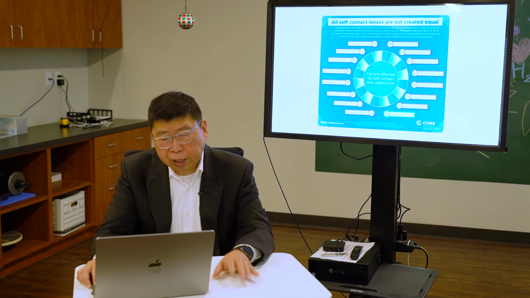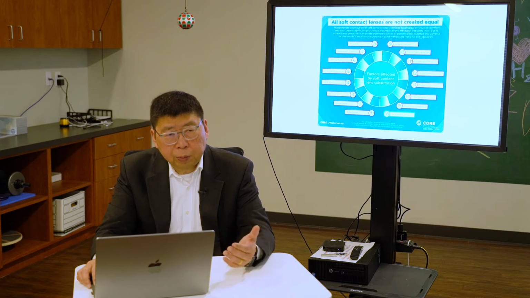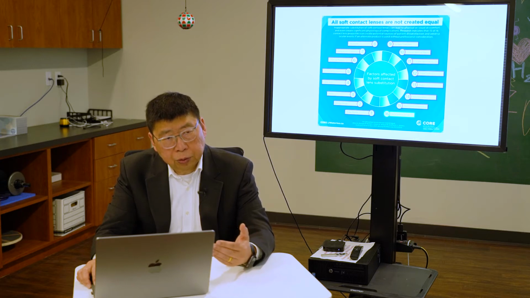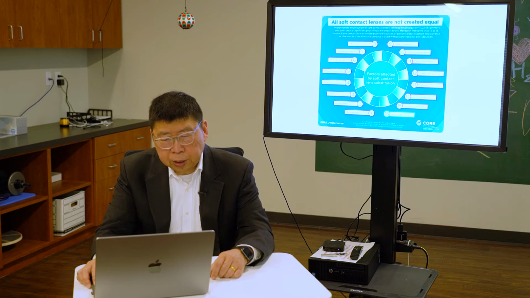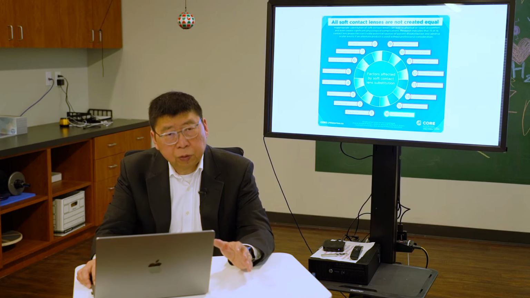Also, the water content. As you probably know, water is a good medium for oxygen permeability. So if a lens has low water content, it is usually less permeable to oxygen, and more water means more oxygen permeability. And then, of course, the surface treatment, such as whether it resists bacterial adhesion. Those are all important for the health of the contact lens wearer.